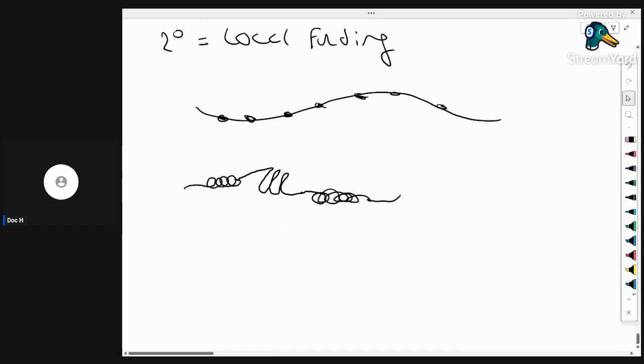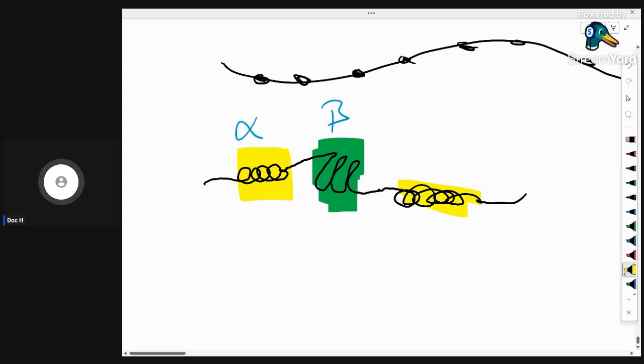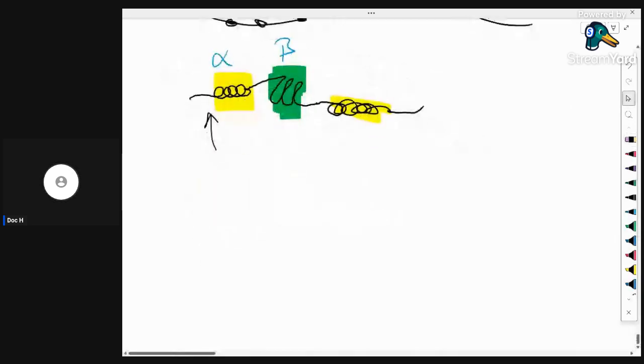My point is that only the local bits of the protein, amino acids close together, form, in this case, an alpha helix. Here, you've got a beta sheet, and here you've got another alpha helix. But you have to be close together, so it's on quite a small scale.